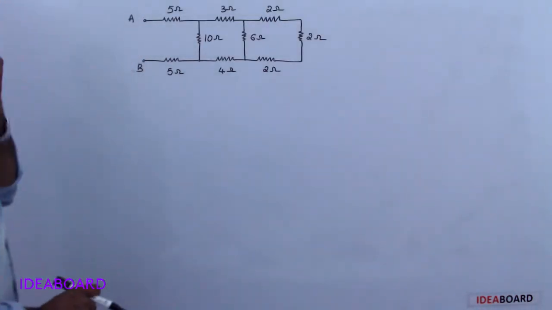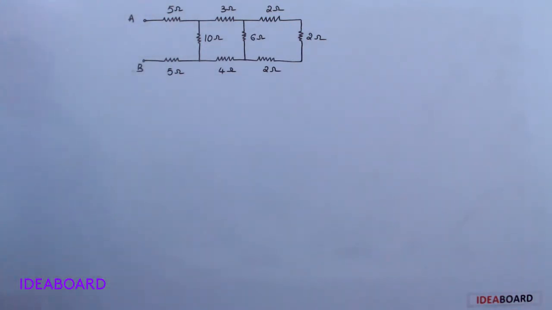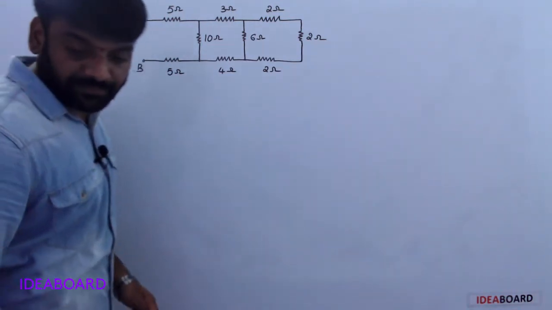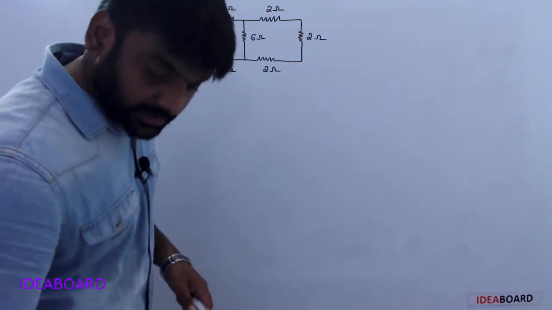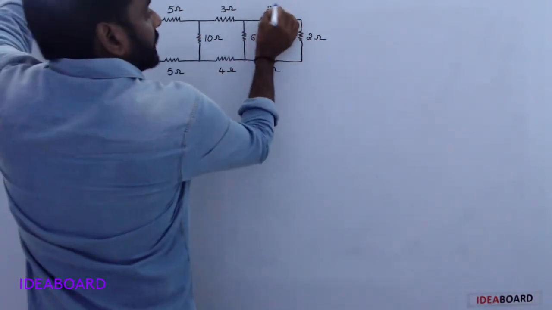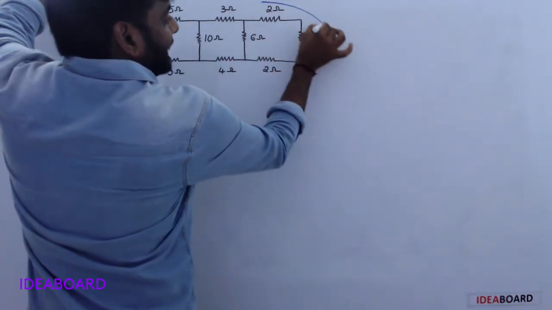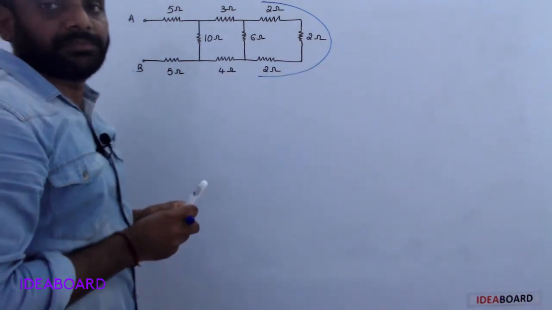So next, effective resistance between A and B. See, in this combination, first of all, these three are in series or parallel?